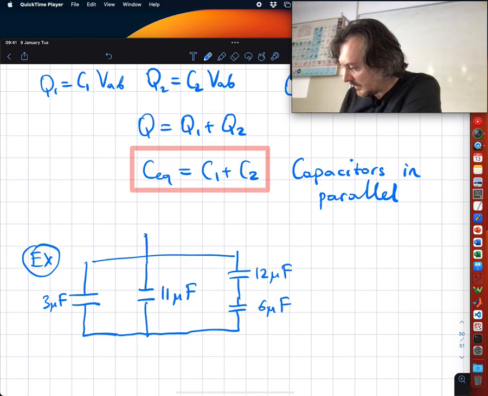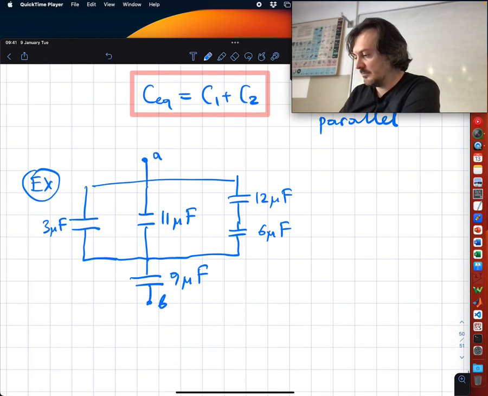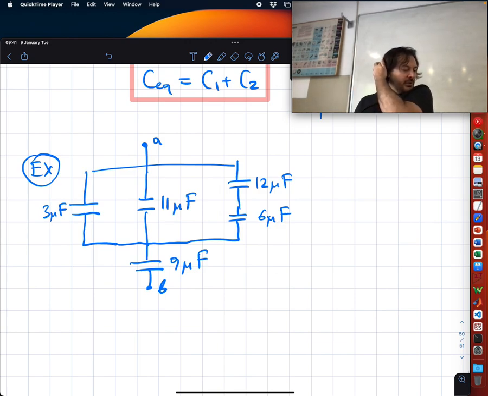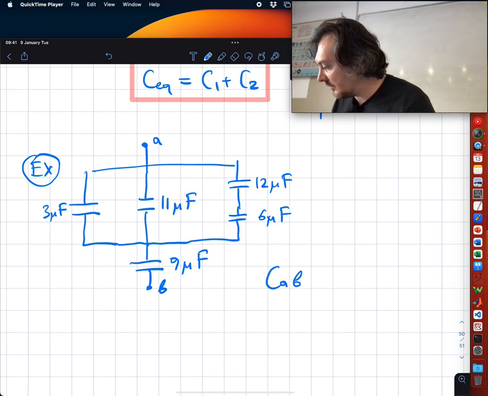And this is the point A. And I have another one here, which is 9 microfarads. A typical question that would not appear in the exam, unfortunately, right? So how would you find the equivalent capacitance between A and B, CAB?